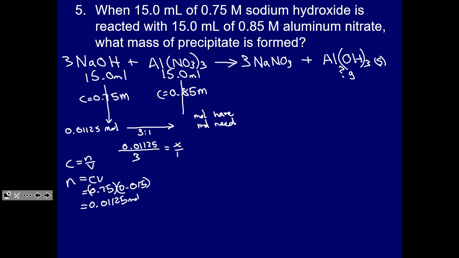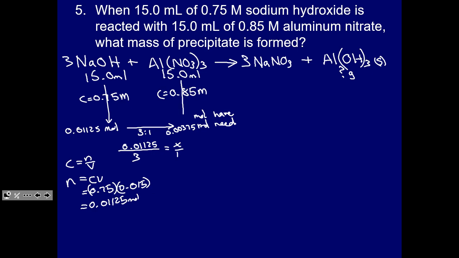Oh, we haven't done it yet. .03. That's dividing by 3? No, that looks like that's multiplying by 3. 0.003? What do we got? 0.00, right? 375.